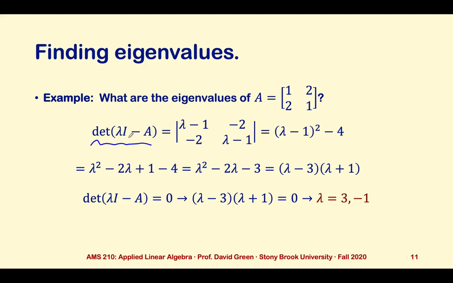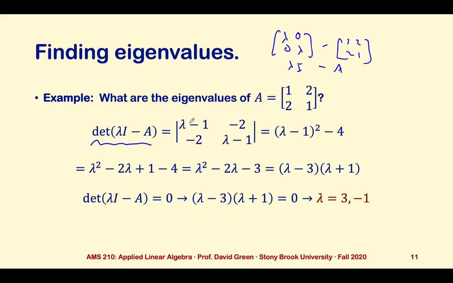Lambda times I will be lambda, lambda, 0, 0. This is lambda I minus A, which gives us lambda minus 1, negative 2, negative 2, and lambda minus 1.